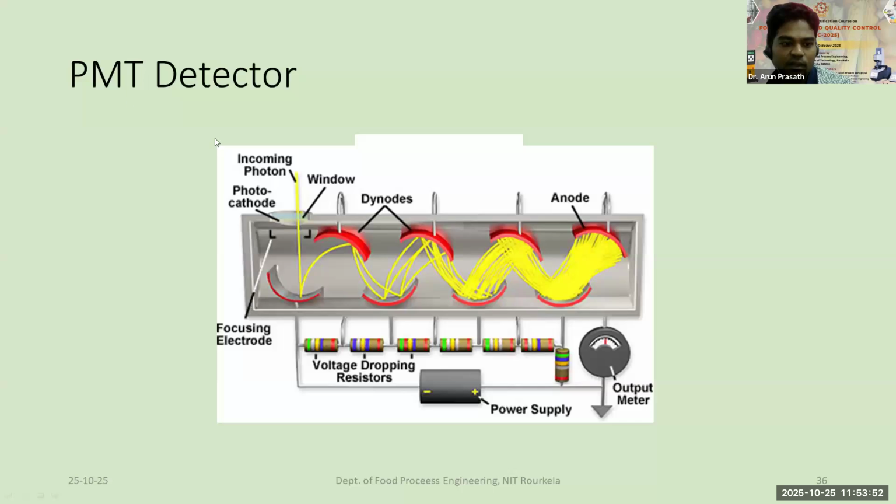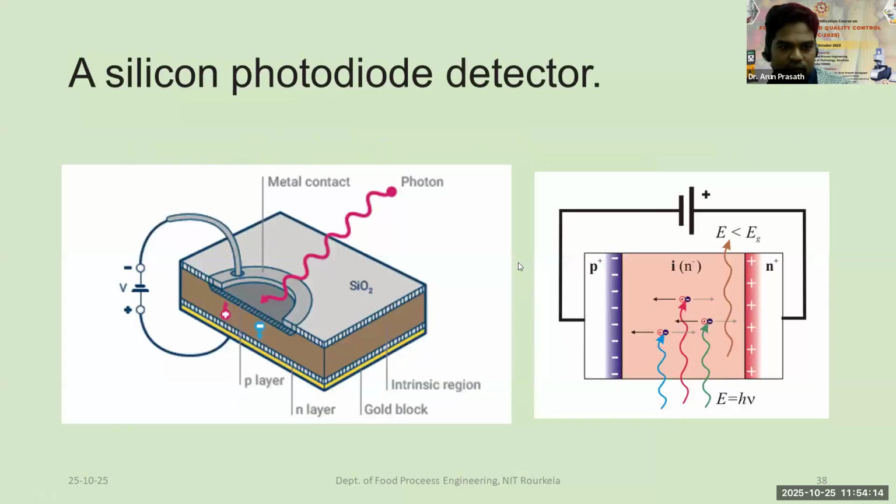This is the schematic sketch of that PMT detector. Initially, the light rays incident on it go through a series of mirrors, which allow us to detect one particular photon, and it can be diverted to the detector.